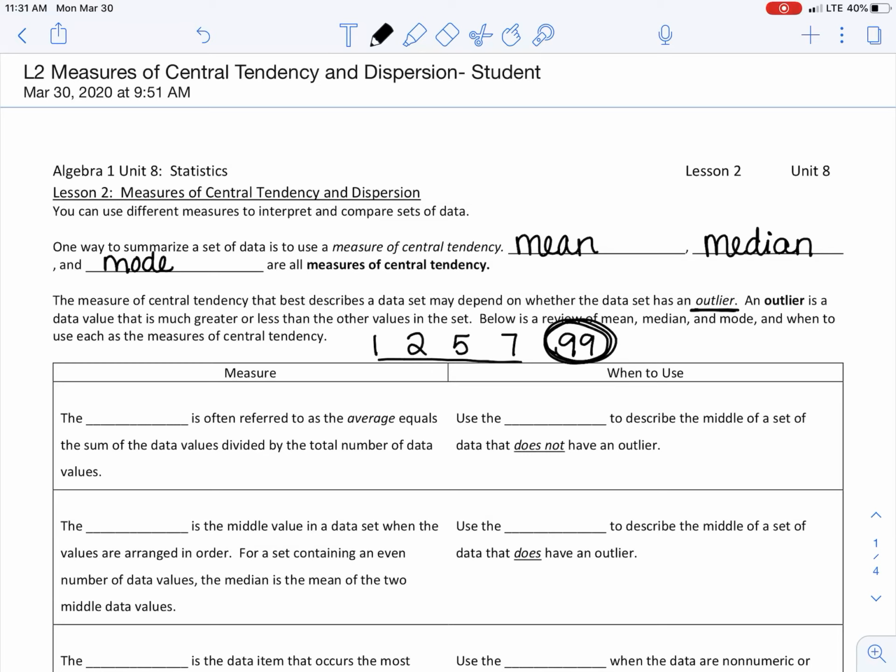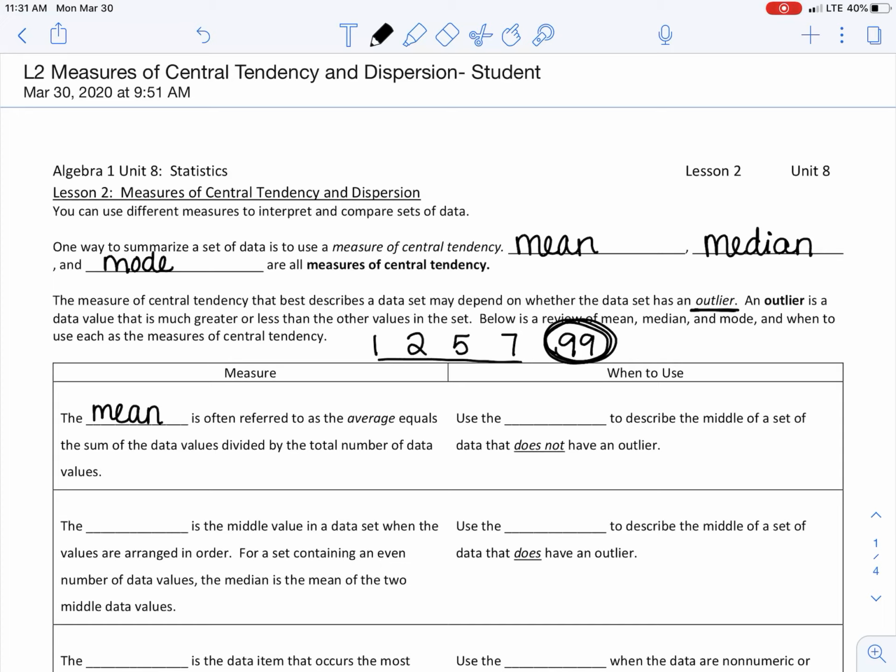So the mean is often referred to as the average. It equals the sum of all your data values divided by the total number of data values.